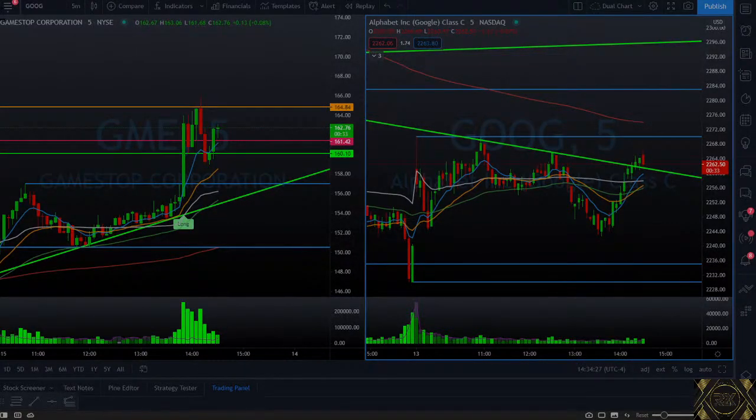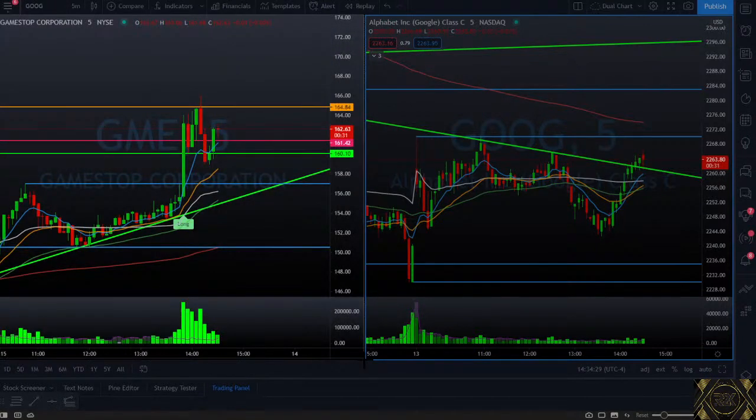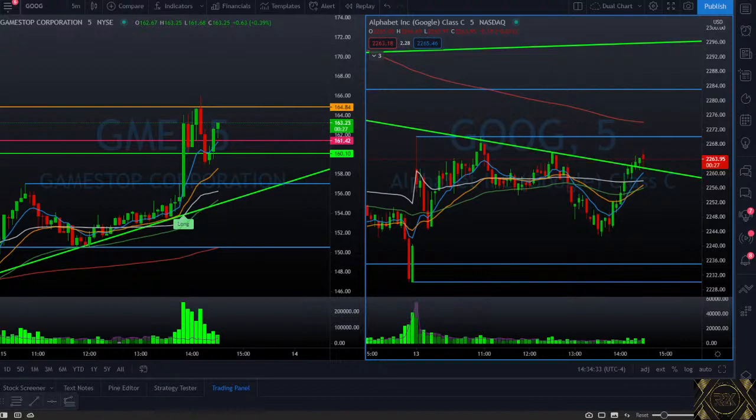There we go. Wow, that was a nice green candle right there. Shout out to Brad for those nice profits. There's 4.25 again. Wow, GME is soaring. It might actually hit that PT.